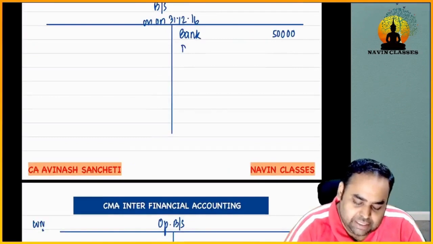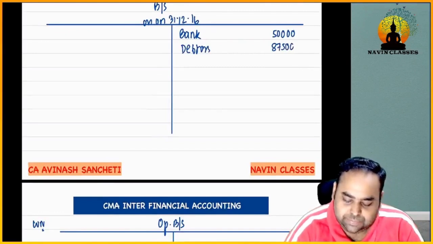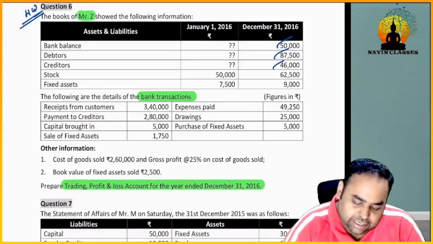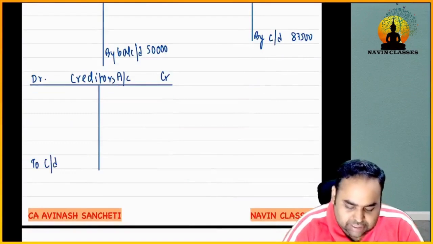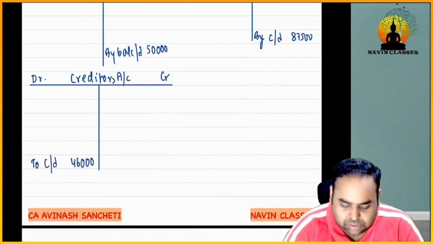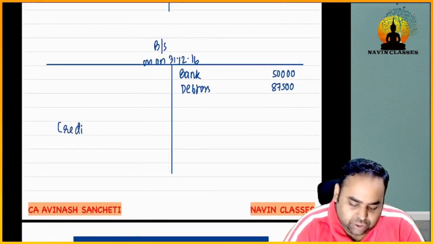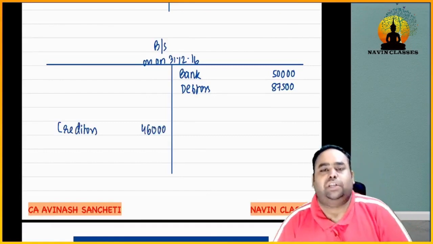So here this debtors balance will appear in the balance sheet as 87,500. The creditors balance is 46,000. In creditors, to balance c/d 46,000. So this will be the creditors balance here, that is 46,000.